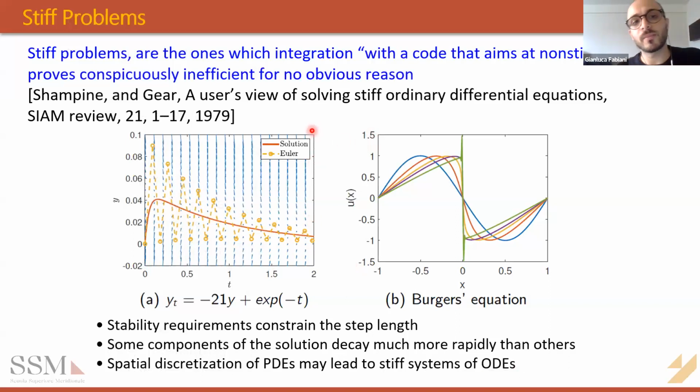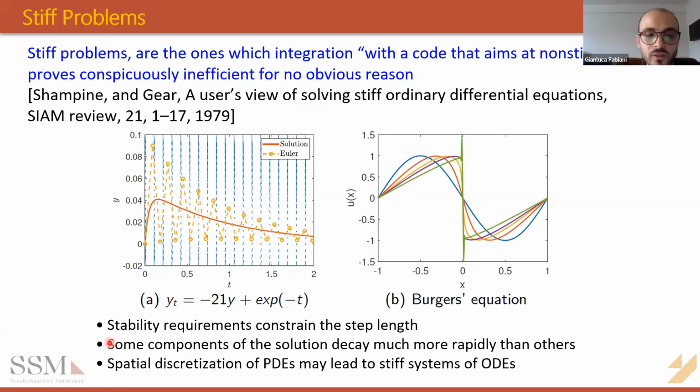For stiff problems, there is not a general definition, but as was said by Shampine and Gear, if we use a code that aims at non-stiff problems, then this is inefficient for no obvious reason. There are actually some reasons. For example, we may have some stability requirement that constrains the step length.